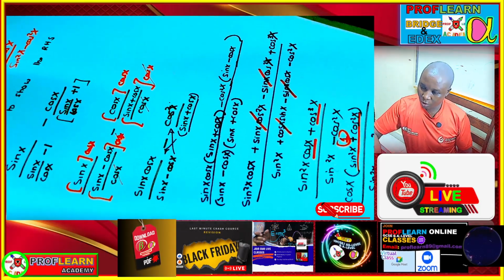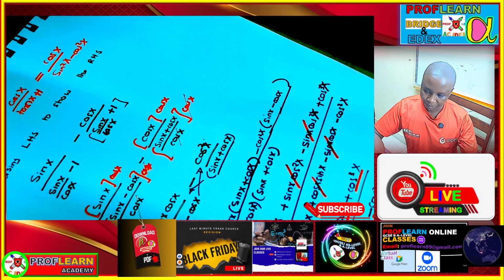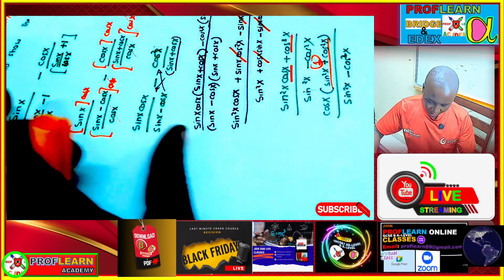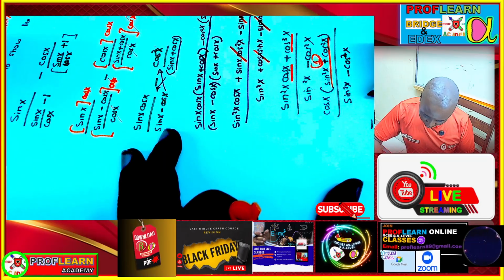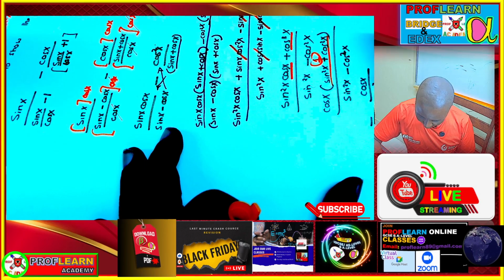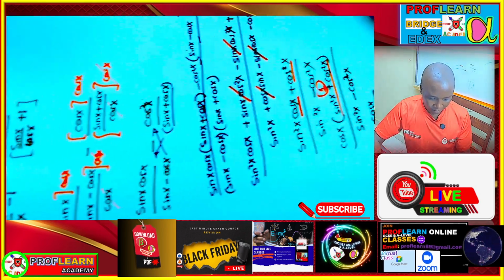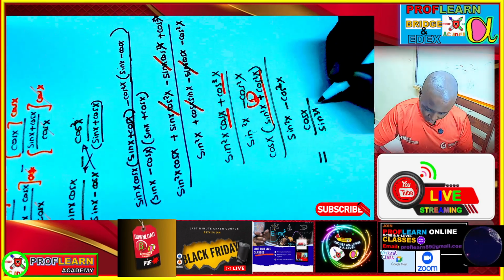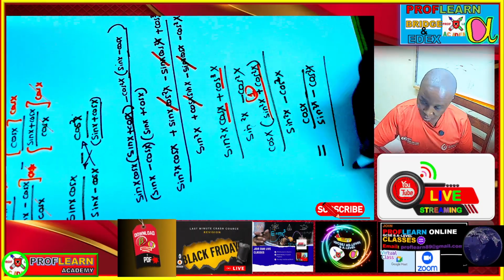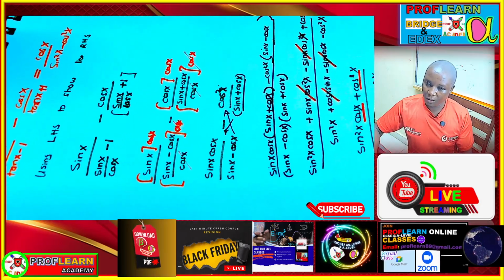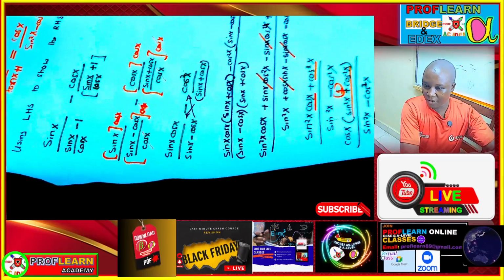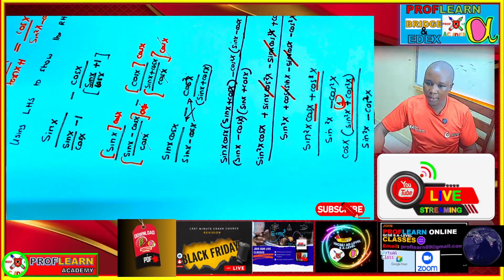So it will mean that in this equation that we are having here, we are going to remain with cos x over sine squared x minus cos squared x. So this is the final expression that we are getting after working all this.